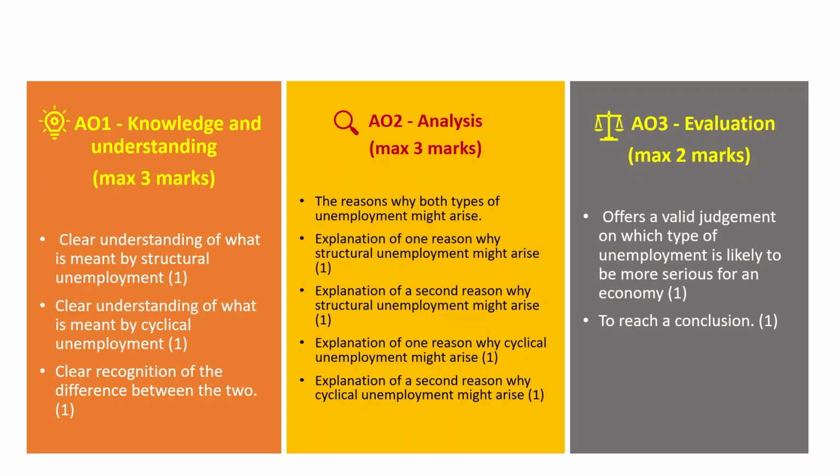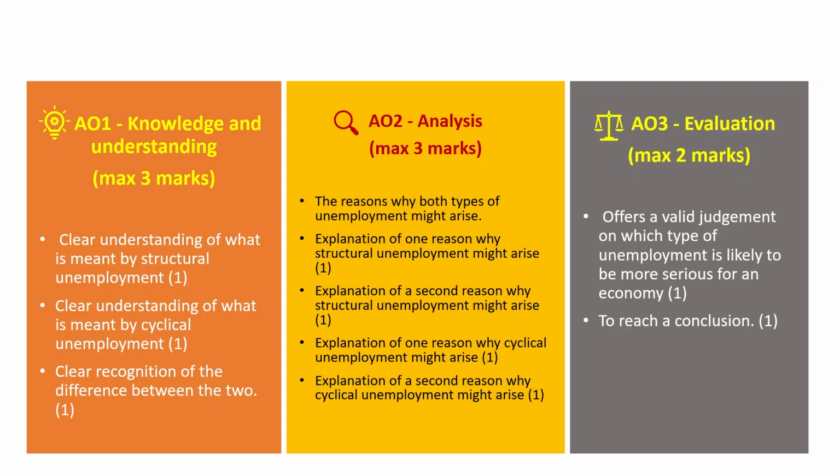But the cyclical unemployment, while impactful during downturns, it typically resolves as the economy recovers and can be more directly managed by your standard fiscal or monetary policies. So you are trying to offer a valid judgment here, and you need to reach a conclusion that structural unemployment is generally more harmful.